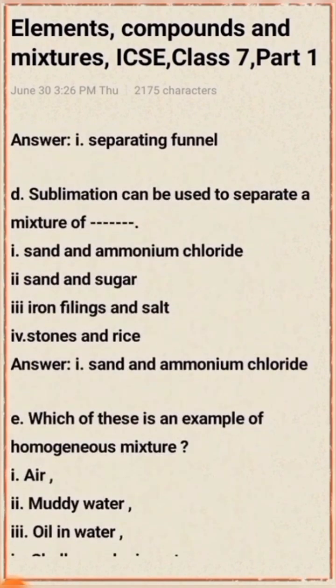Next question, sublimation can be used to separate a mixture of option 1 sand and ammonium chloride, option 2 sand and sugar, option 3 iron filings and salt, option 4 stone and rice. Option 1, sand and ammonium chloride, is the right answer.